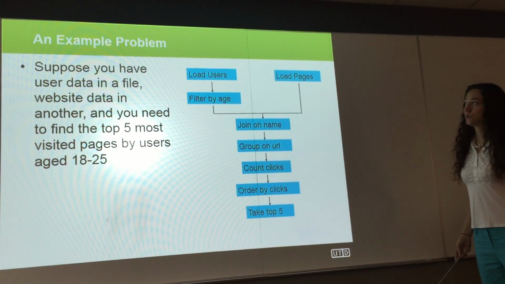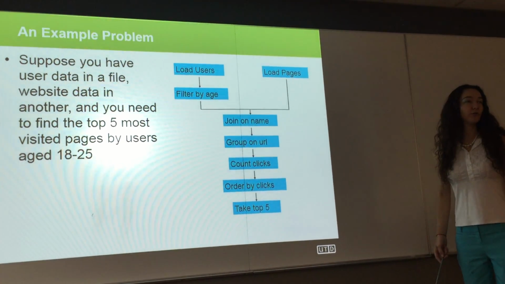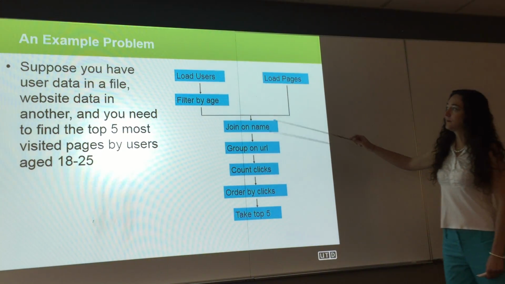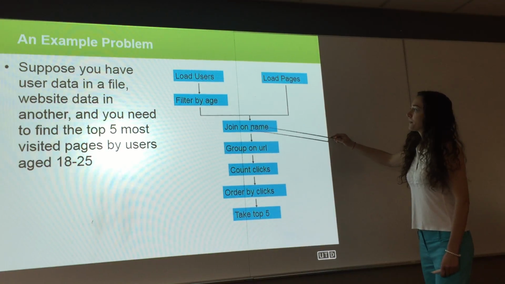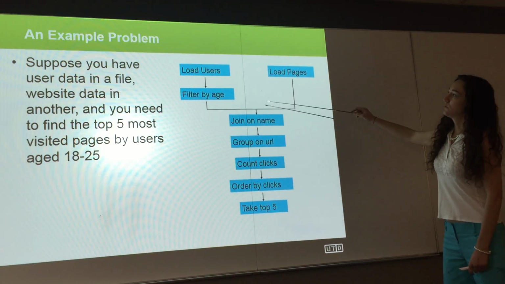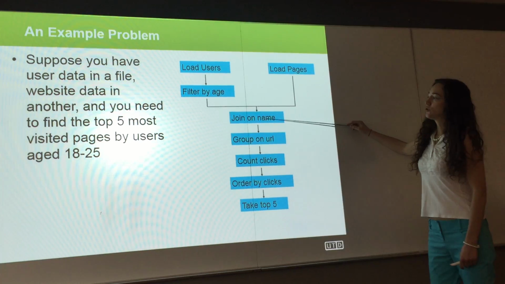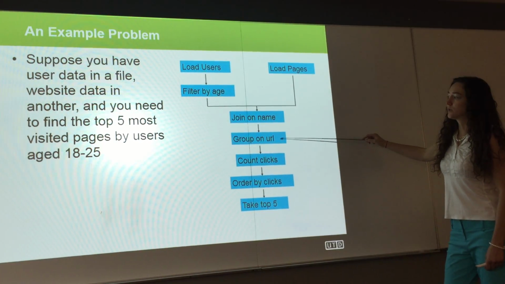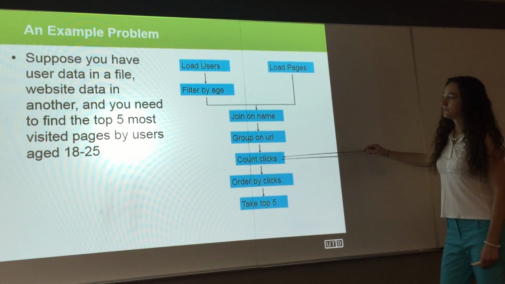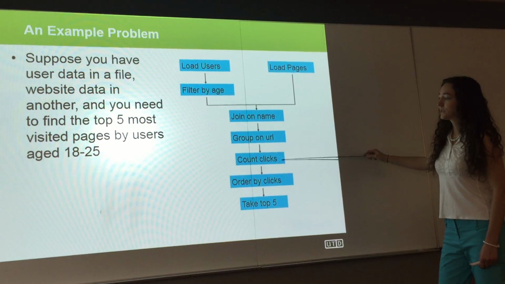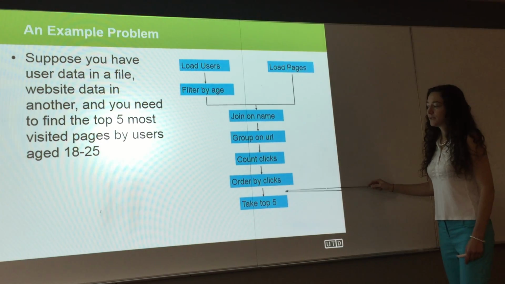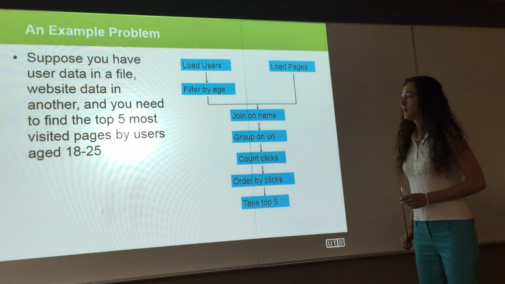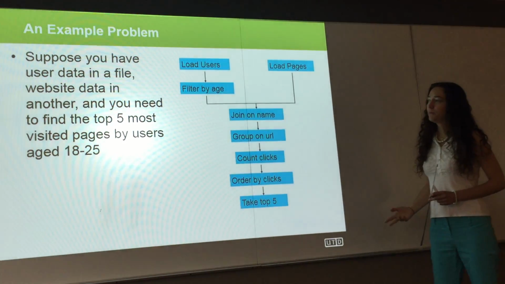So how are we going to do this? We need to load the user's data and then do some filtering by age. So how would we filter by age? We can join on name, we can group on URL, count clicks, or try to order them by the clicks that they took, and then find the topmost.